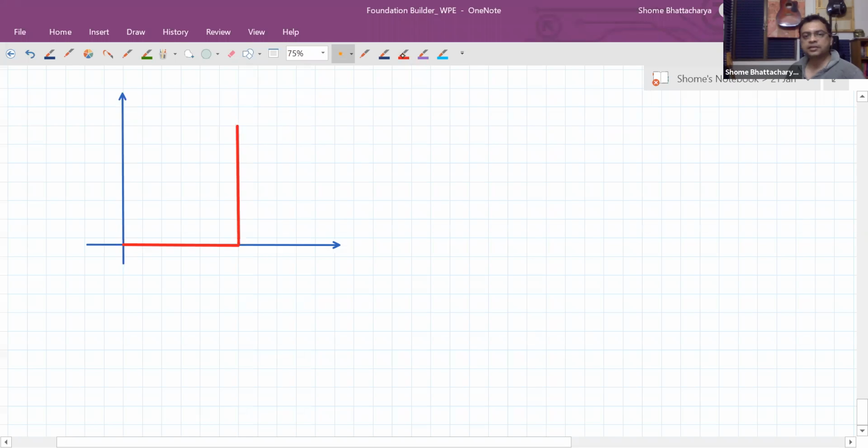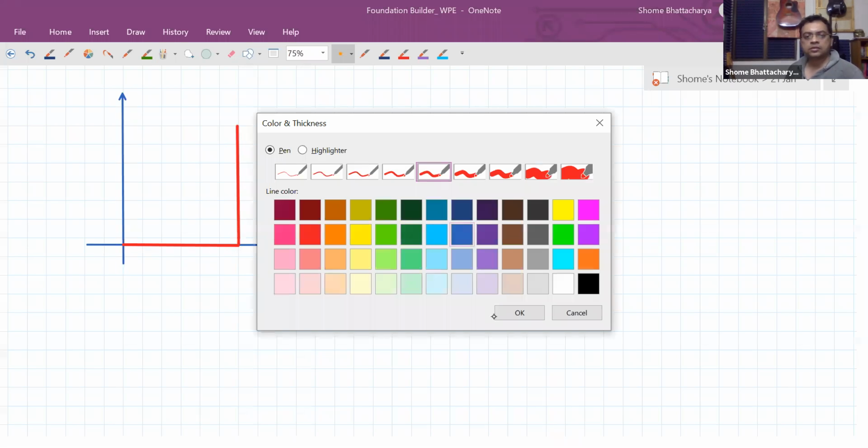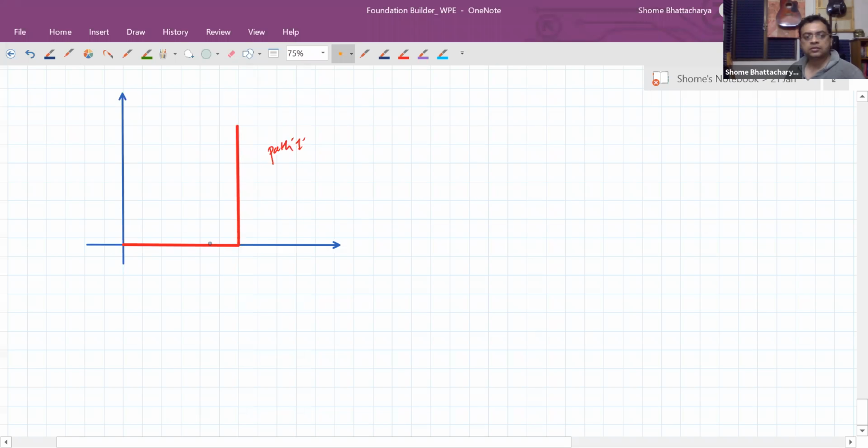This entire path number 1, we will divide it into two parts. Let us say this is some in-between point, which is B, and then from here we are going to A. This point was (2, 4), so that means this point must have been (2, 0).